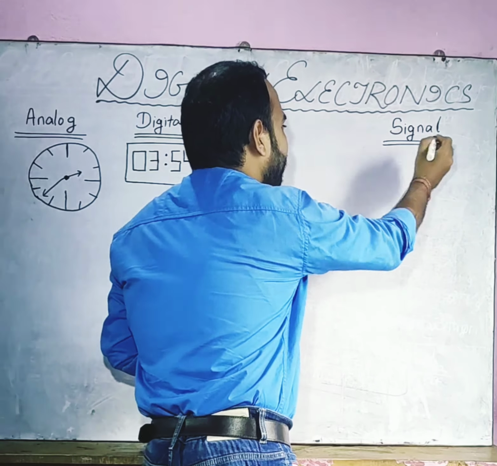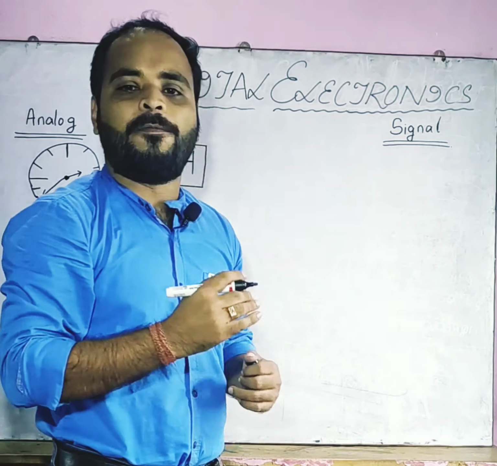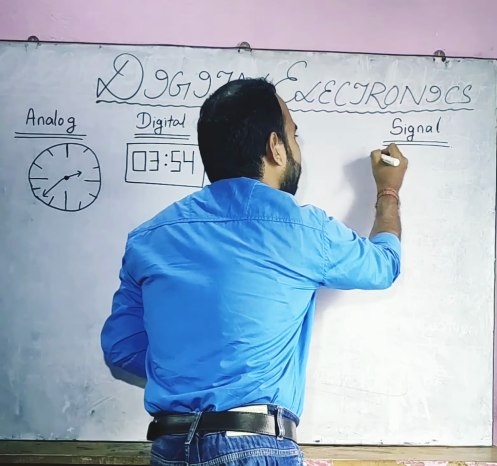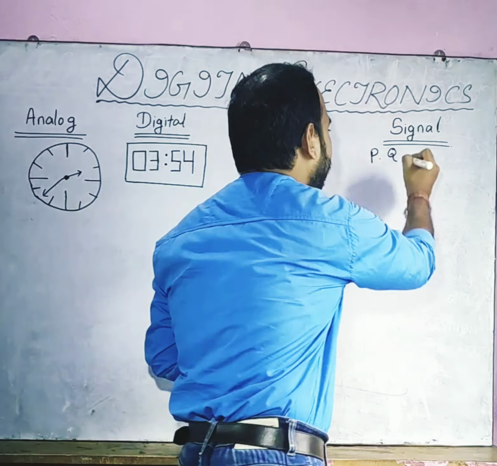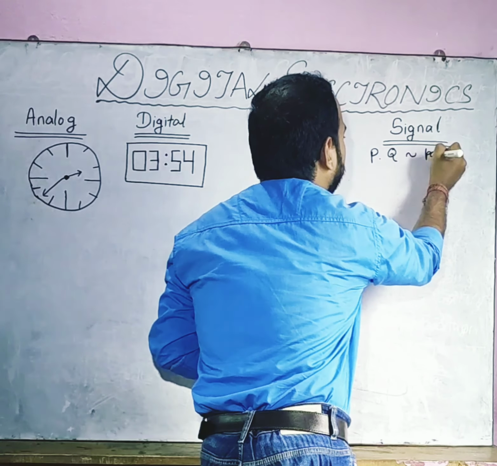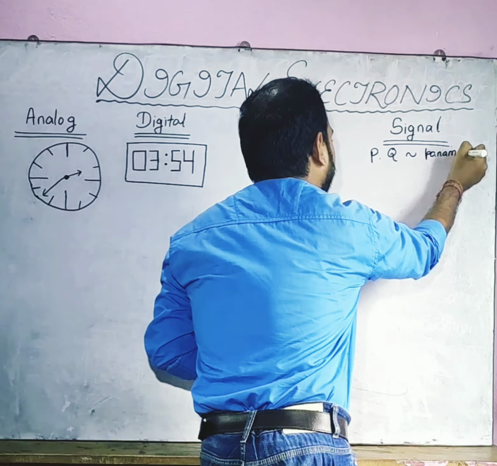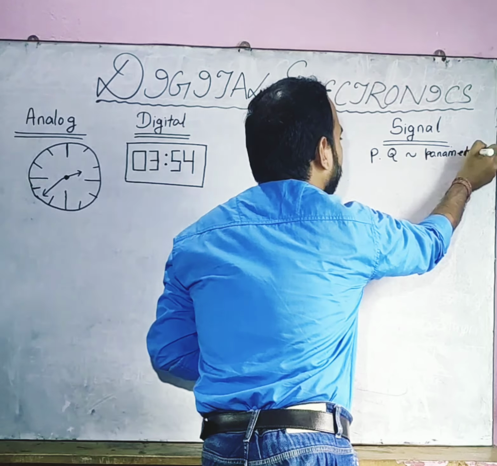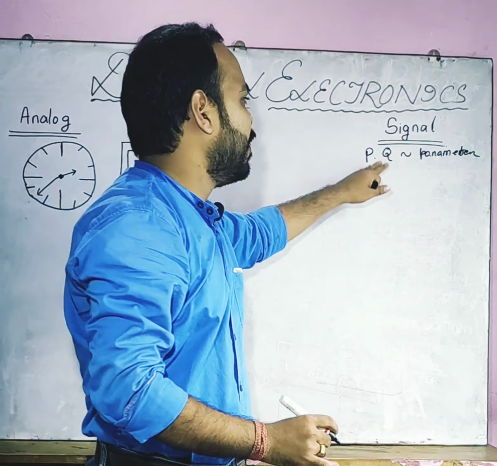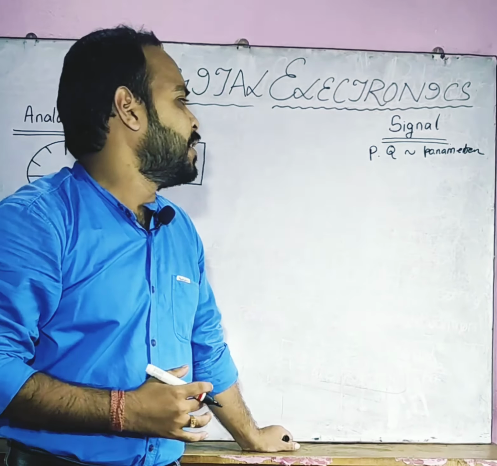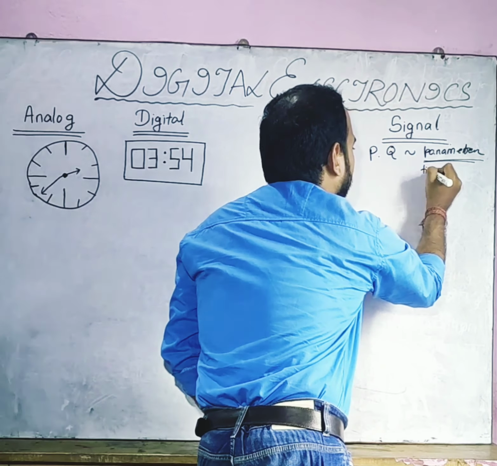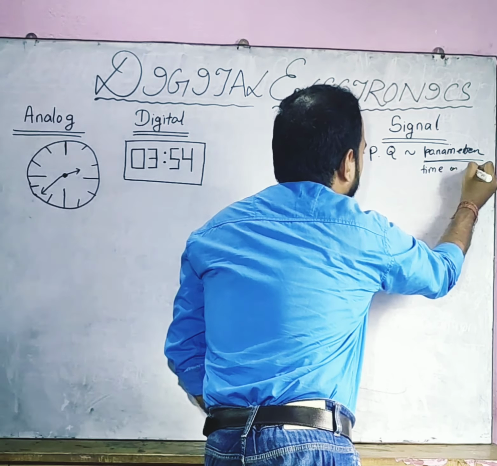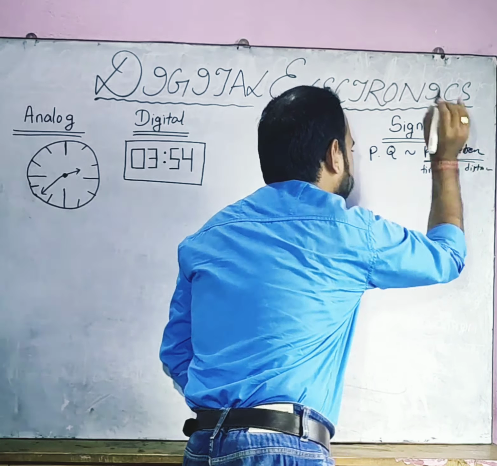A signal can be described as the function which represents the variation of a physical quantity with respect to any parameter. The variation of a physical quantity with respect to any parameter can be called a signal. And here the parameter can be either time or distance.